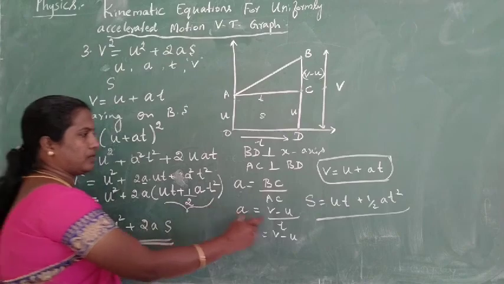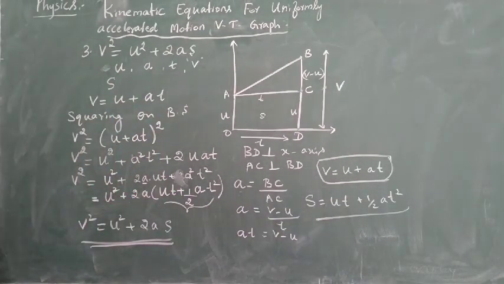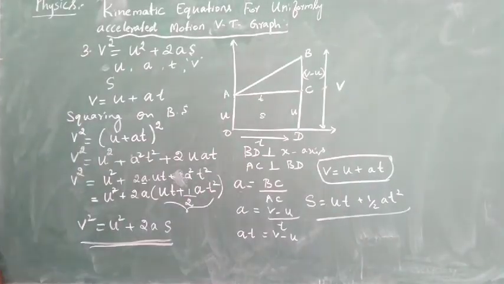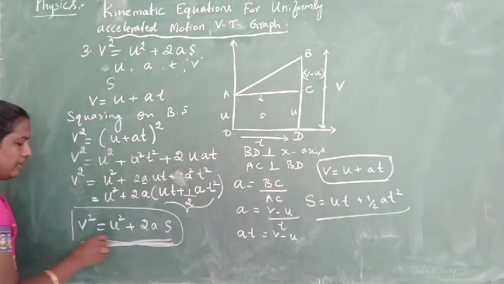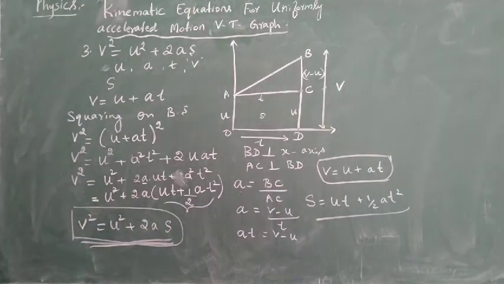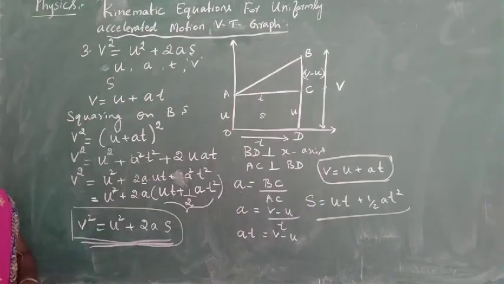This term is nothing but the displacement made by the object in a given time interval, so S is equal to ut plus half at square. This is another method, the third derivation. So these three kinematic equations for uniformly accelerated motion can be derived by using the VT graph.